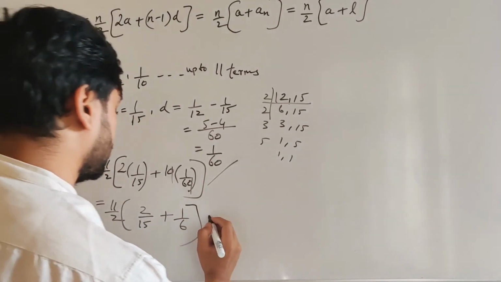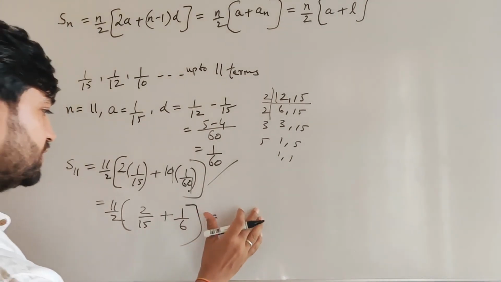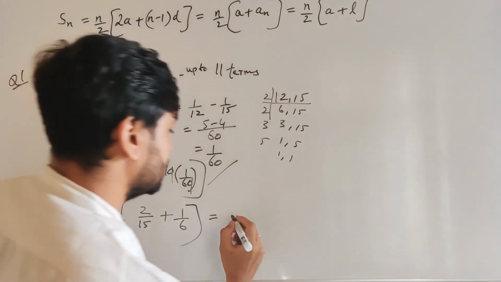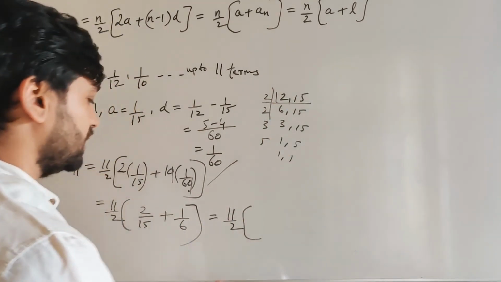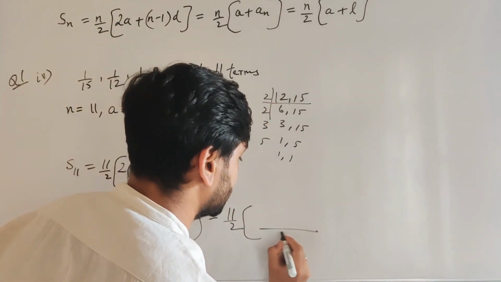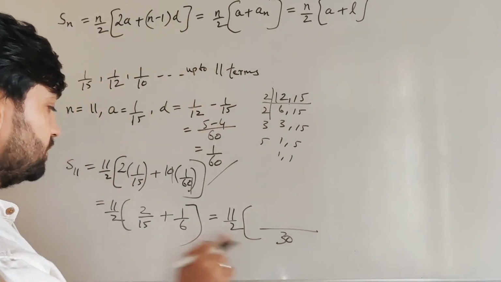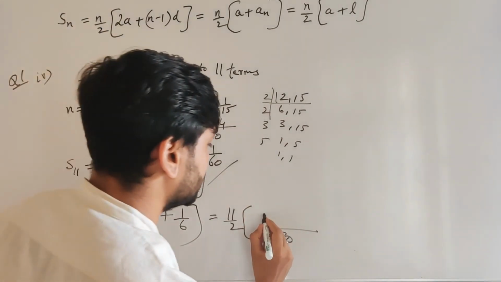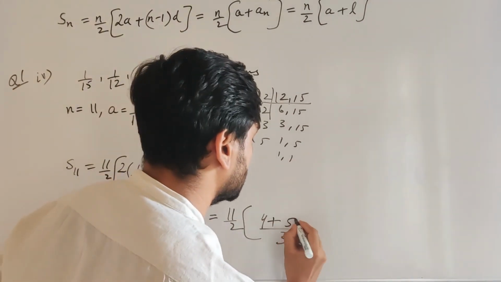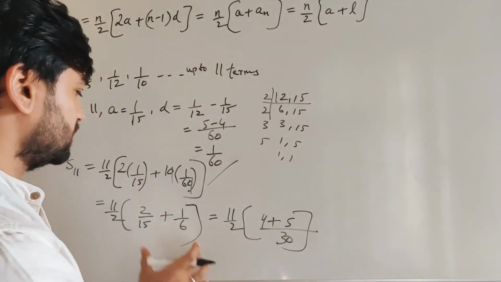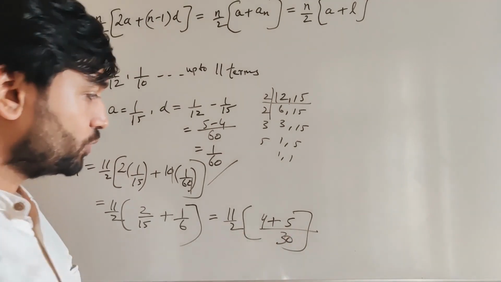We simplify: 11 by 2, no cancellation. For 15 and 6, the LCM is 30. So 30 by 15 is 2, 2 into the numerator gives 4, plus 30 by 6 is 5, 5 into the numerator gives 5. This is just the normal LCM, I hope you know it.